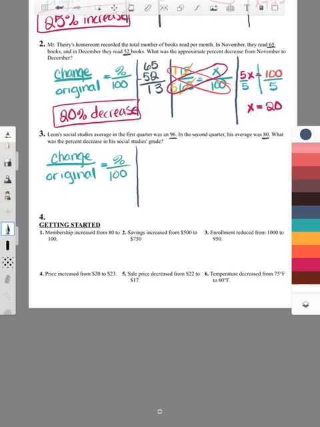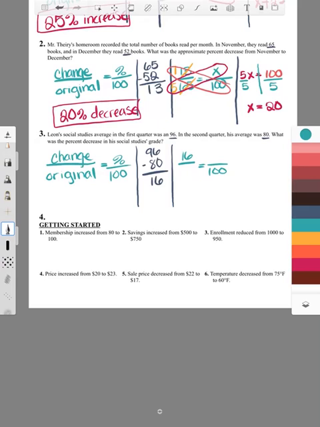So we're going to subtract 80 from 96. So 96 minus 80, and that's going to give me 16. So now we know that the change here is 16. So we're going to put 16 on the top. We know 100 is going to go on the bottom. Now we're going to look for the original.